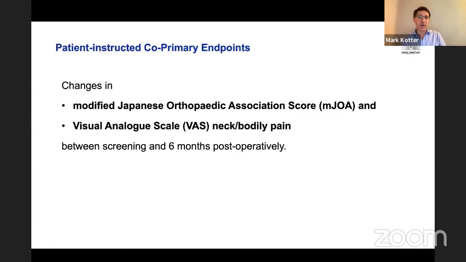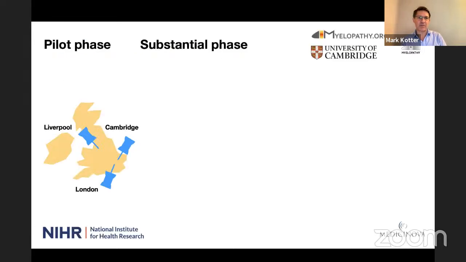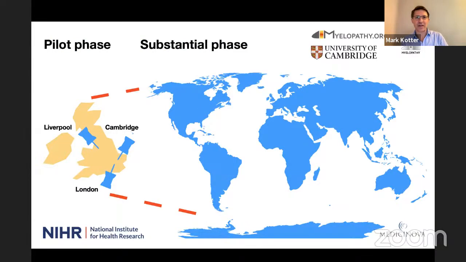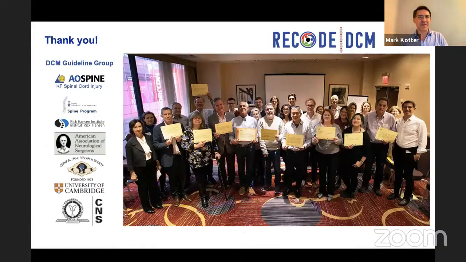So the study has a co-primary endpoint, and will be positive if any of these endpoints are reached. As I said, we started the trial, and we're looking to roll it out to other centers in the coming year. With this, I'd like to say big thanks also on behalf of the Recoding DCM project, and look forward to further questions.